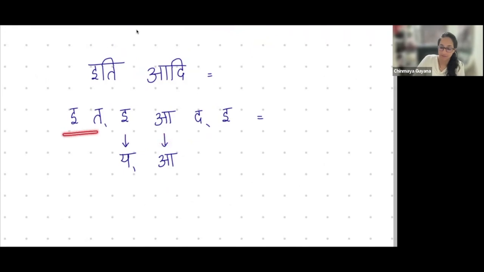And now you have to figure out how to write this as a joined word. It's going to be ityadi.